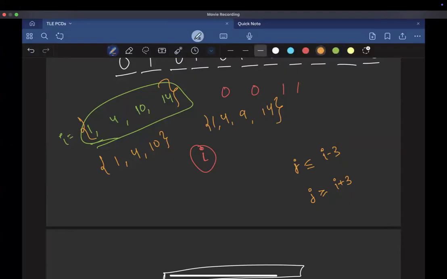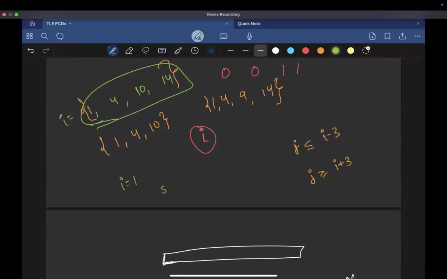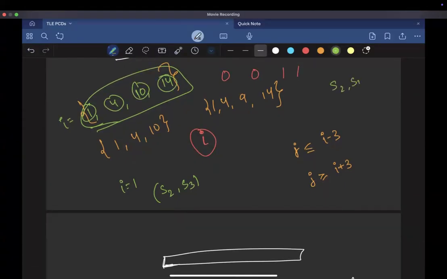And actually, it's not difficult to prove, because if I choose I equal to 1, then basically Si plus 1, that is S2, and S3 would be swapped, right? And if I chose I equal to 1, 4, 10, and 14, then it means that S2, S3, S5, S6, S11, S12, and S15, S16 would be swapped together, right?